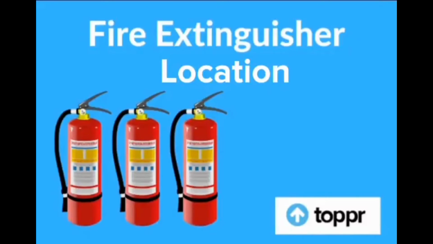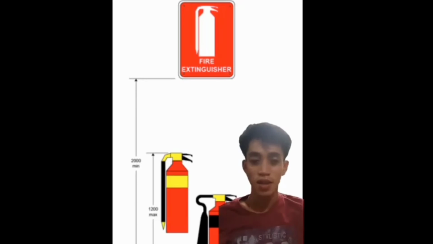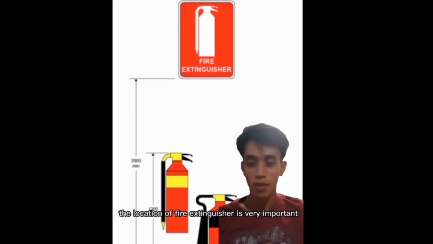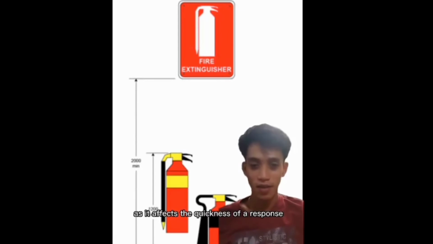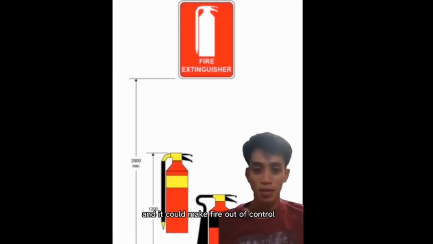Location of fire extinguisher. Why is it necessary to know the proper location of fire extinguishers? The location of a fire extinguisher is very important as it affects the quickness of our response during an unexpected outbreak. A few seconds lost looking for the right type of fire extinguisher could make the fire go out of control.